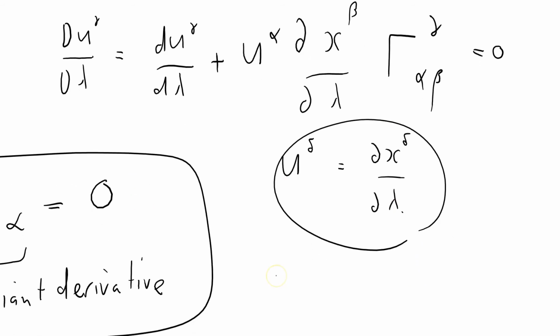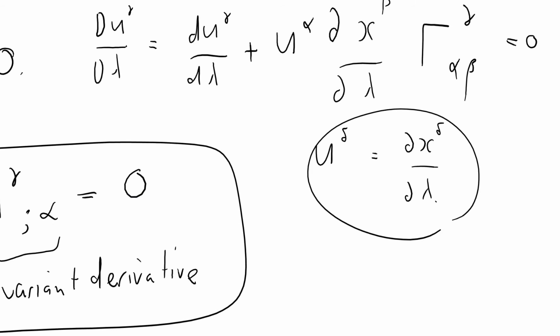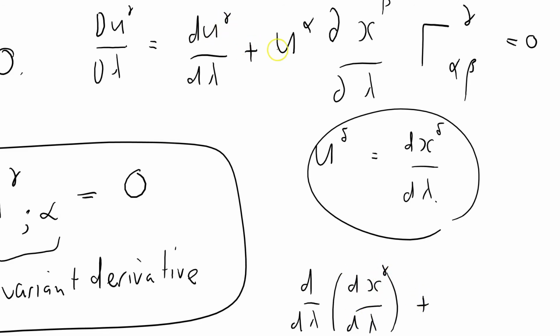So that tells me that d by d lambda of dx gamma by d lambda plus this term here, dx alpha by d lambda, for that term there.